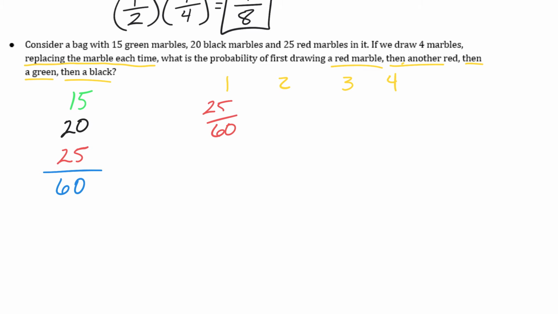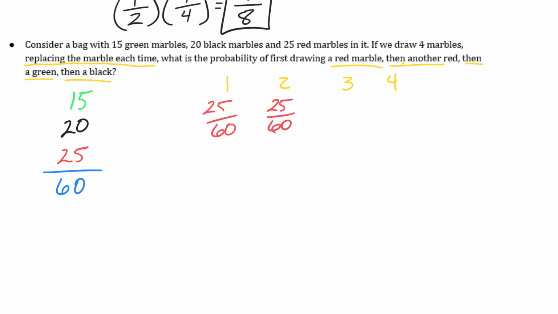And we are replacing the marbles. So I could draw that one that I just drew again. So there are still 25 red marbles in the bag, and there are still 60 total marbles in the bag. So that would be our first probability, 25 out of 60.